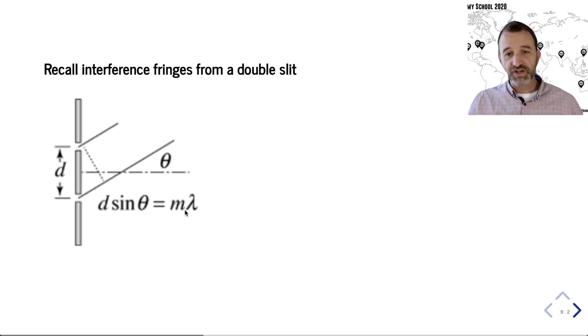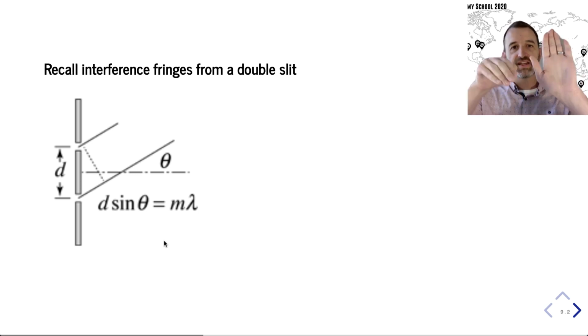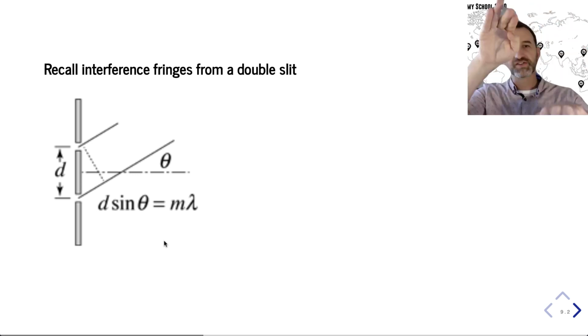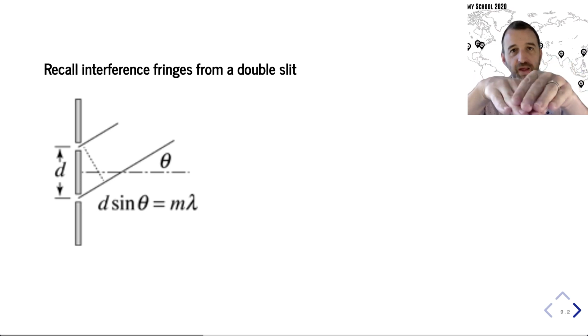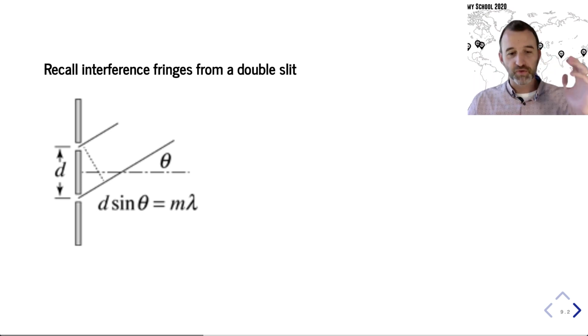If it's a half integer, if it's not an integer, then you get destructive interference. You've got a wave coming up and a wave coming down, so they'll destructively interfere, which means you're not going to get those two photons going in that direction. They're either going to be absorbed or scattered, but they're not going to go to your detector.